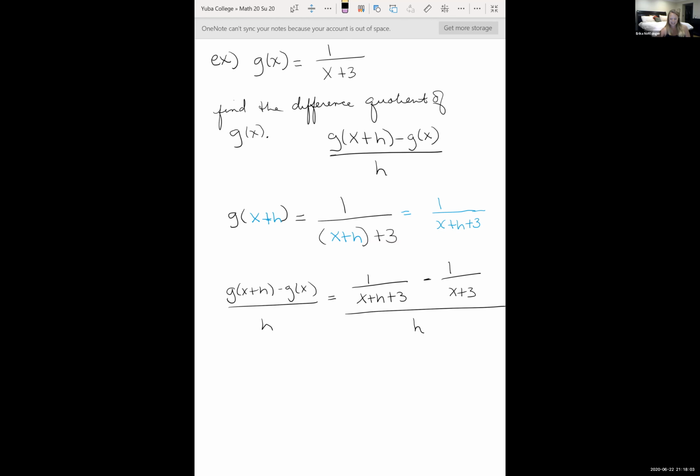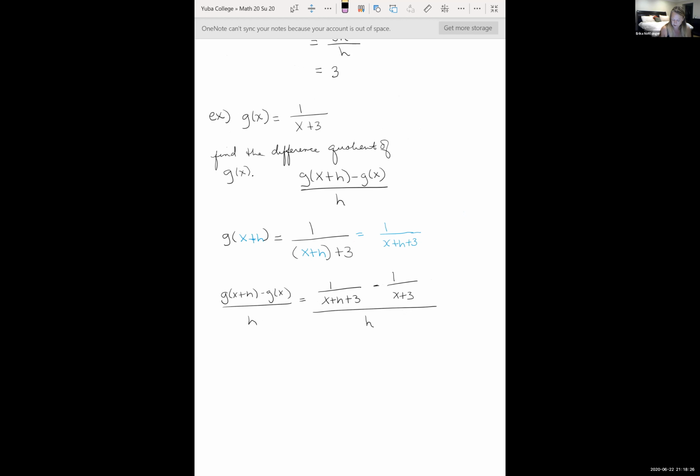Okay, so we don't normally like fractions within fractions, and so we want to rewrite it. So this is called a complex fraction because there's fractions within fractions by definition. There's a couple of different ways that you can simplify this.